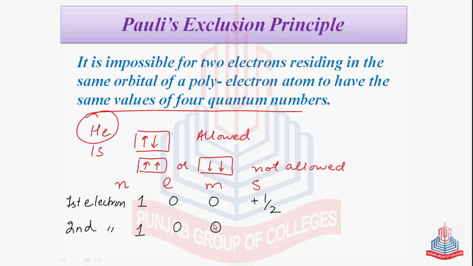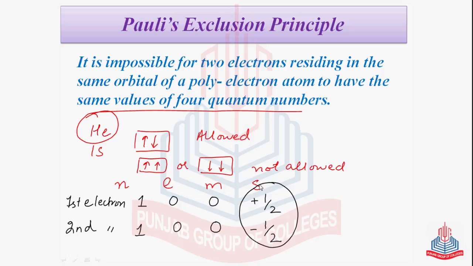Now the spin will be minus 1 over 2, which means that the orbital containing the two electrons must have an opposite spin. Yeah, we can say that no two electrons in the same orbital can have the same set of the four quantum numbers, and that is according to the Pauli's exclusion principle.